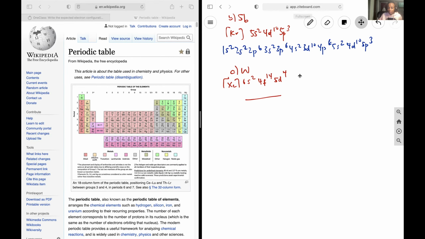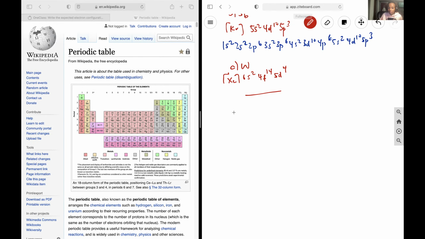Next up, Pb. We want to find it first. That's going to be right here. Closest noble is xenon. Let's just put that in the square brackets. And then now we need to get to it.